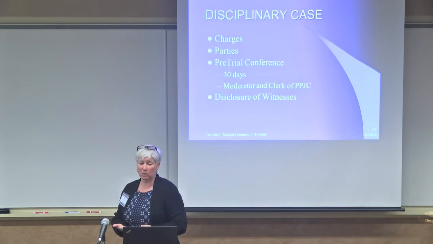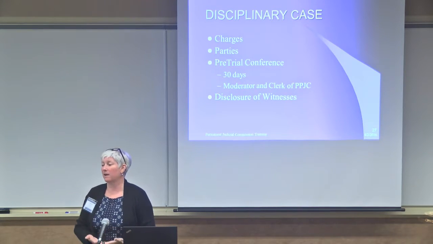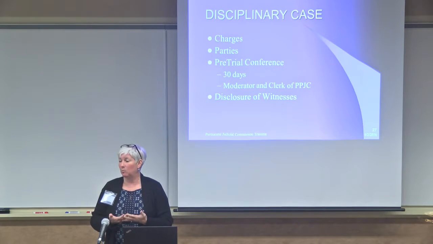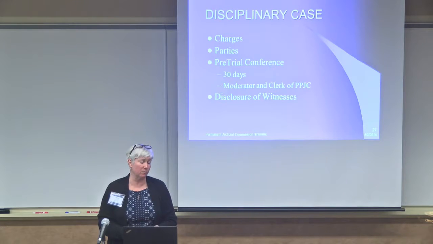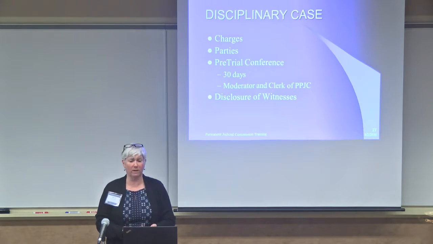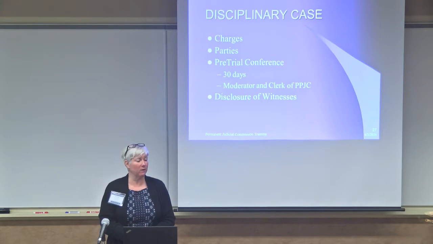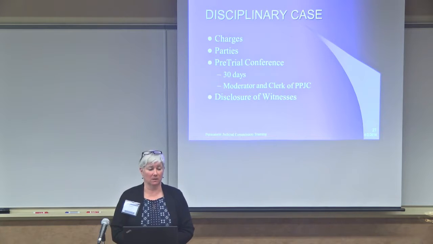If there is a settlement agreement between the person who's accused and the investigating committee, that agreement must go to you as members of the PJC, along with what the charges would be. So you have a case and a proposed resolution, and you either approve that agreement or you disapprove it. You cannot modify that agreement.